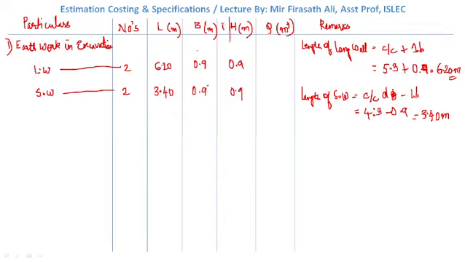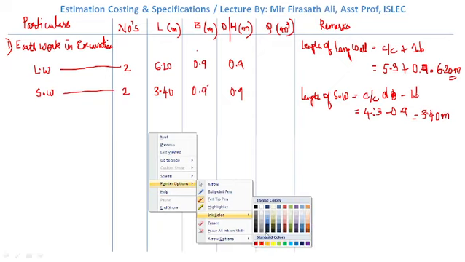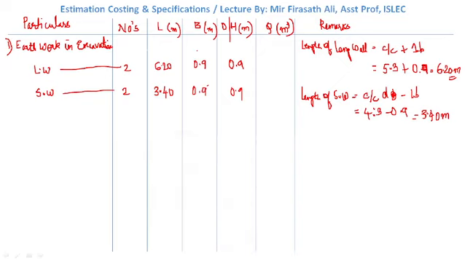Okay, 0.9. So what we need to do is multiply these quantities: 2 into 6.20 into 0.9 into 0.9.